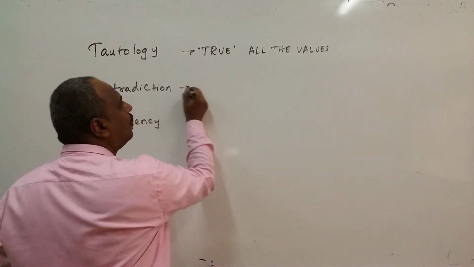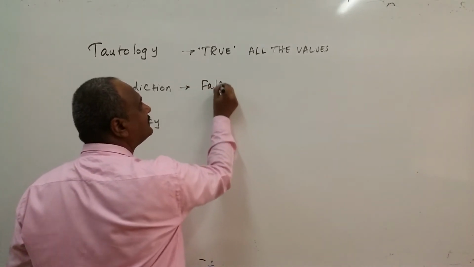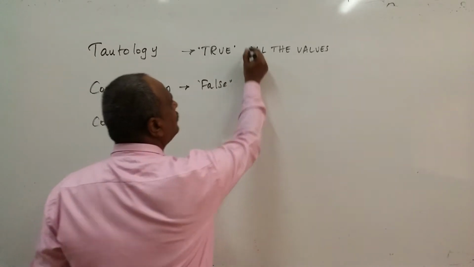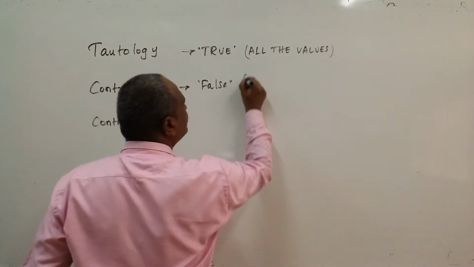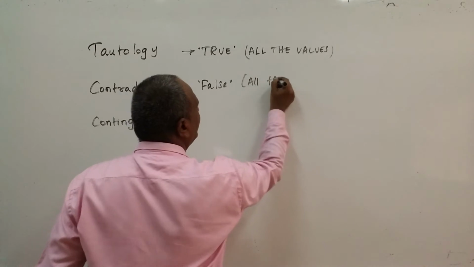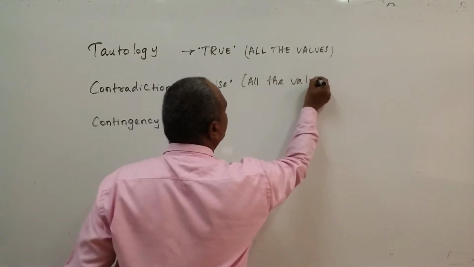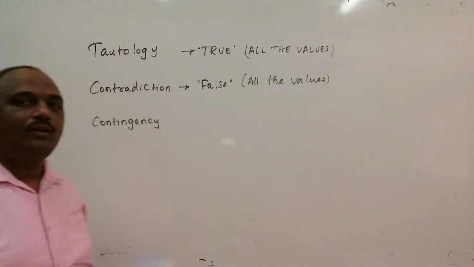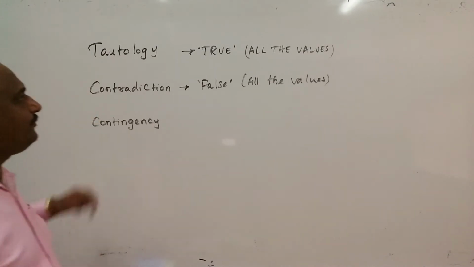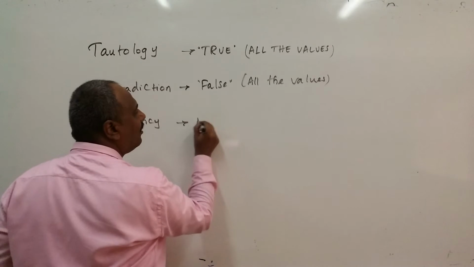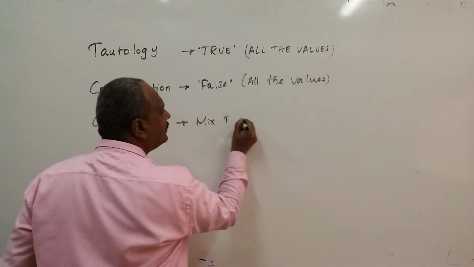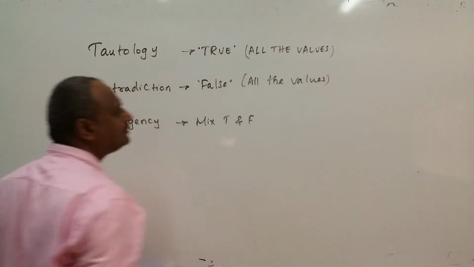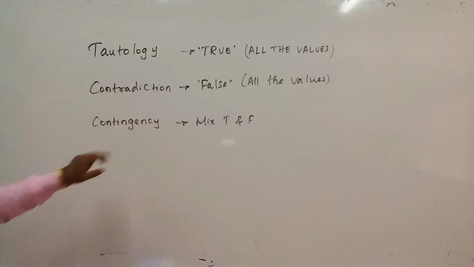If the final output values are false, all the values are false, then it is called a contradiction. If it is a mix of true and false, then we call it a contingency.